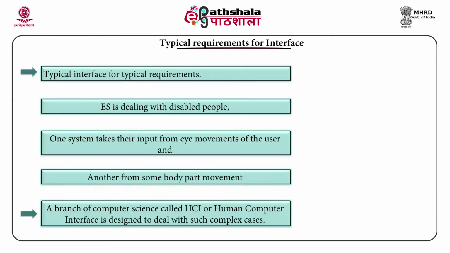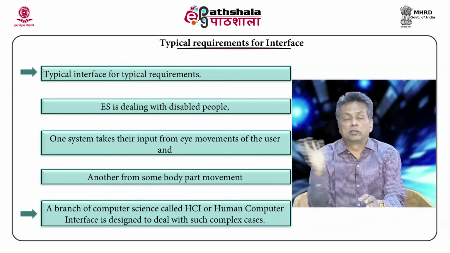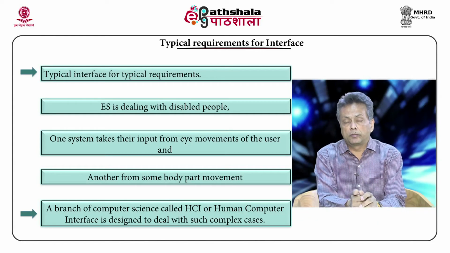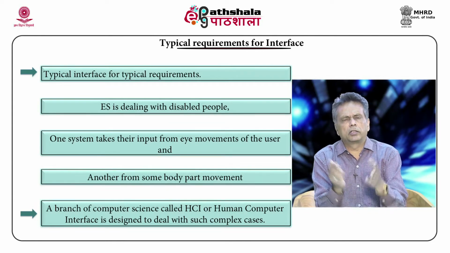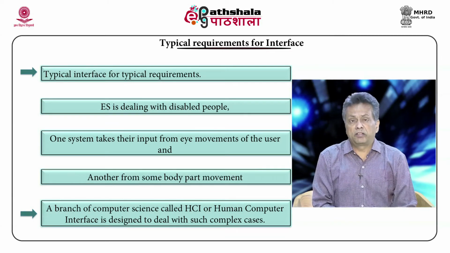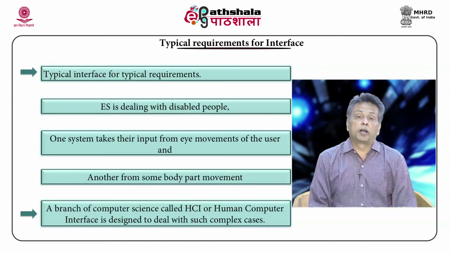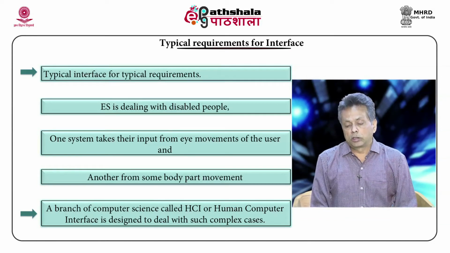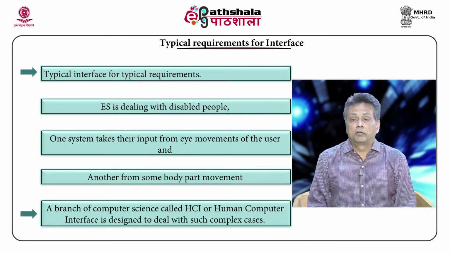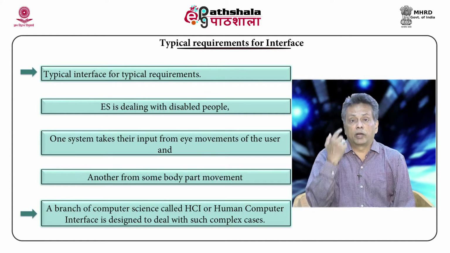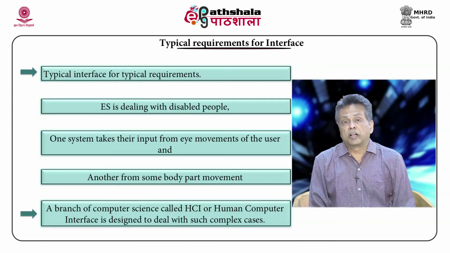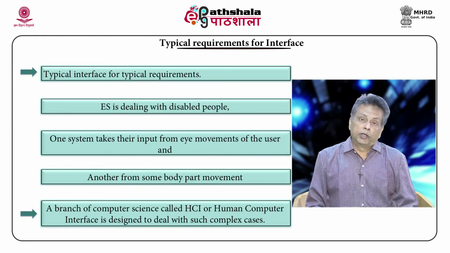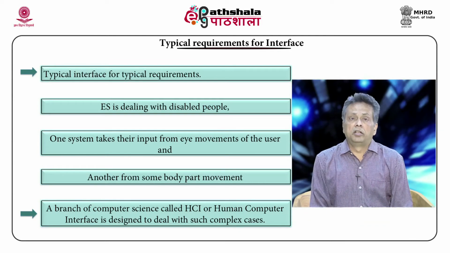For example, typical interfaces, again this is the other problem, require typical requirements. There is something called HCI, if you have read about human computer interface. There is a branch in computer science which talks about how humans interact with computers. There are some cases where computers are managed by the movement of eyes, for people who are disabled, who cannot move their limbs.